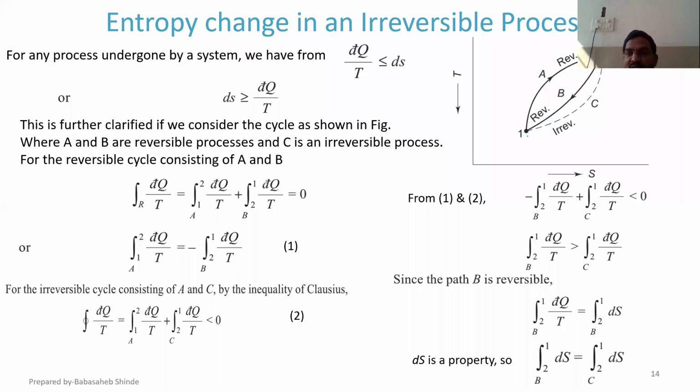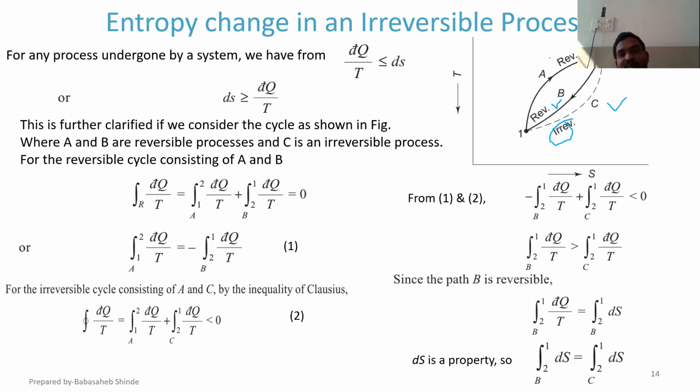So in the diagram, there are two cycles. First one, 1 to 2 and 2 to 1 through paths A and B. Both are reversible. And in the second case, 1 to 2 through a reversible path and 2 to 1 through irreversible path C. So the first one is a completely reversible cycle.